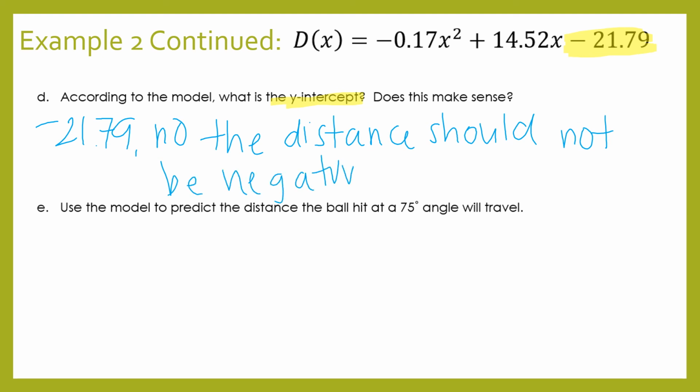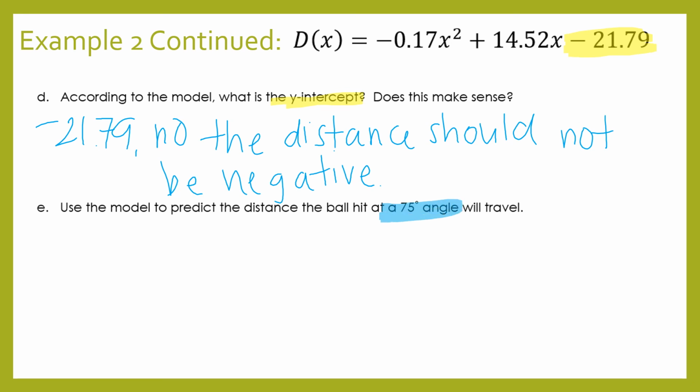All right, and then our final question, oops, that kind of looks like two V's, that's supposed to be an I. Try that again. Use the model to predict the distance the ball hit at a 75-degree angle will travel. So let's define that out. A 75-degree angle would mean that x is 75.